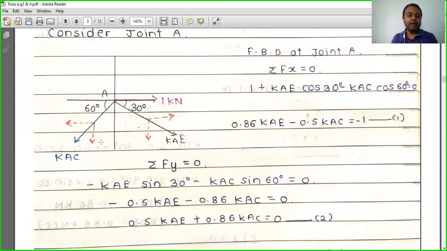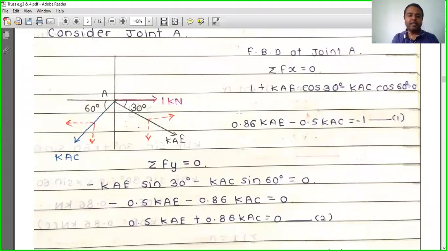Before solving the example, we don't know the nature of the force in the member, so you have to assume that. Here both forces we assume tensile, with arrows away from the joint.